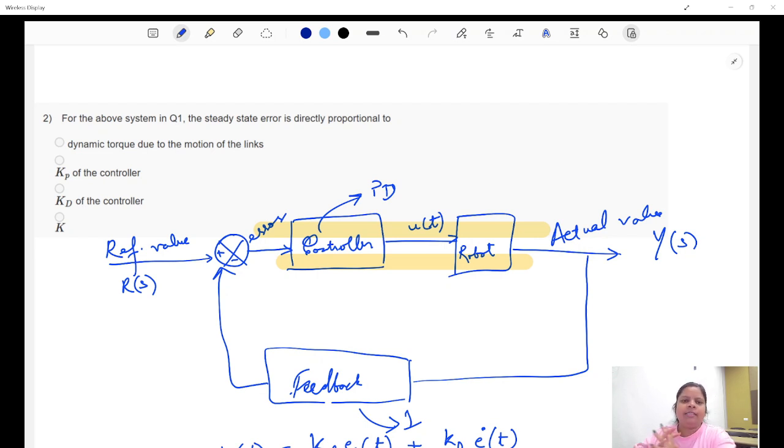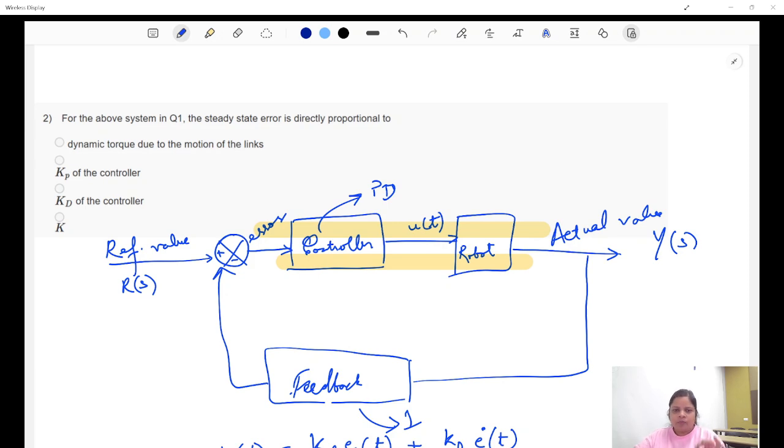Here in our case, the robot has non-zero dynamics. We have some inertia, we have some damping factor. So a PD controller cannot eliminate the steady state error for non-zero constant disturbances or non-zero desired positions under dynamic load. So the steady state error is basically affected by how much dynamic torque is required to hold a position.